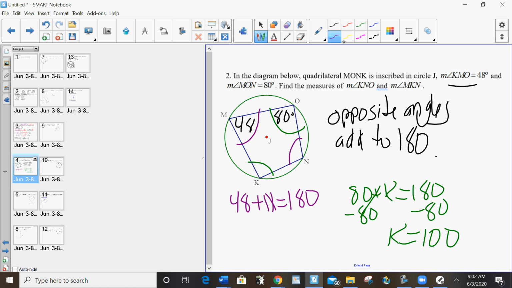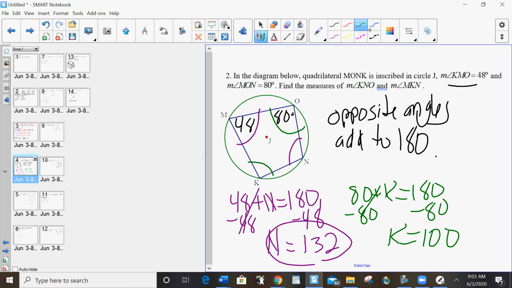K is 100. And N is 132. That's it. So whenever you have a quadrilateral inscribed in a circle, the opposite angles add to 180.